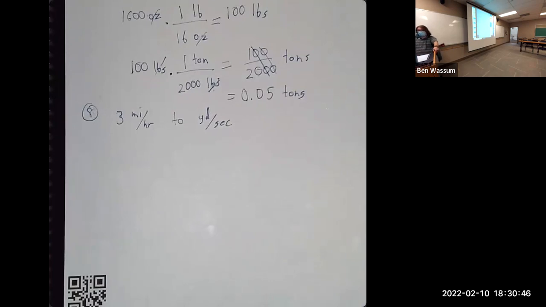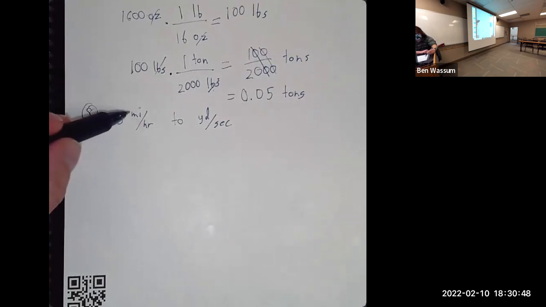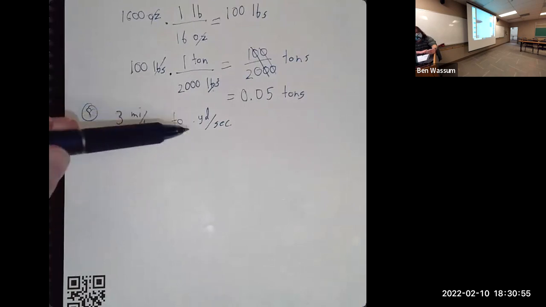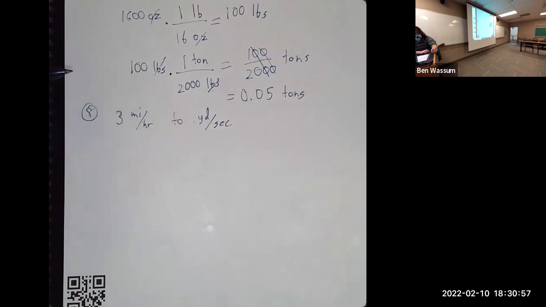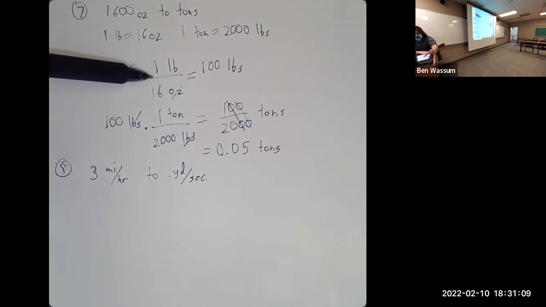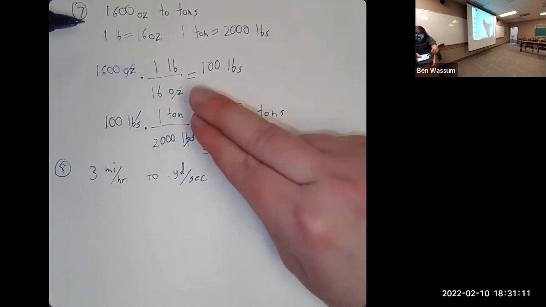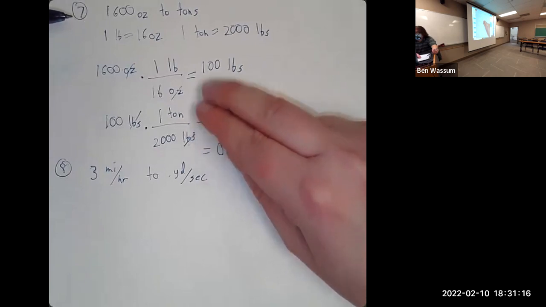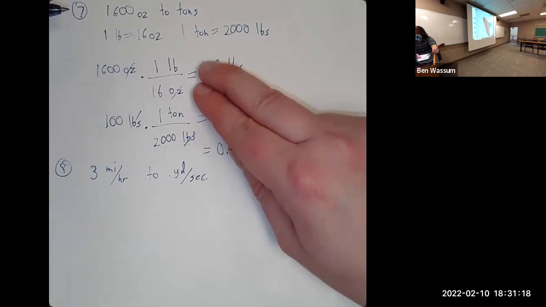So this one's particularly tricky because you have 2 units that you're converting. We're trying to go from miles to yards, and we're trying to go from hours to seconds. And if you remember last class, I showed you that we could, in fact, take this last problem and go straight to tons if I had taken that second conversion unit and multiplied it on here as well.